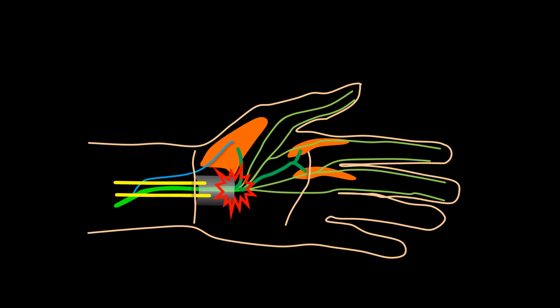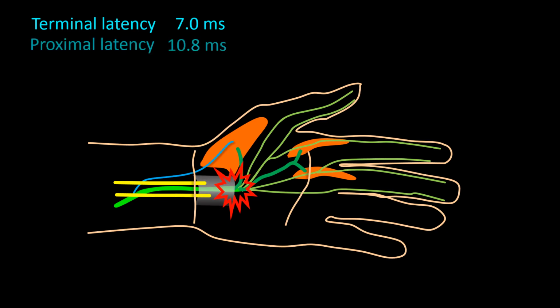As you can see, the potential recorded in the thenar eminence following proximal median nerve stimulation includes the fields generated by the activity of the radial innervated ulnar muscles. Let's say that in this patient the terminal latency is 7 milliseconds, the proximal latency is 10.8 milliseconds, and the distance between cathodes, as in the prior example, is 210 millimeters.